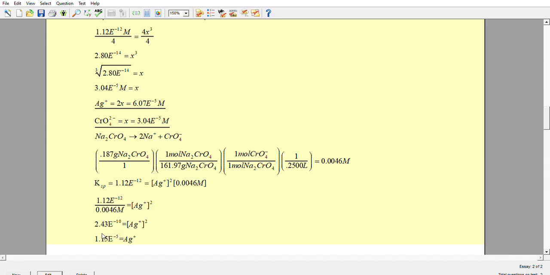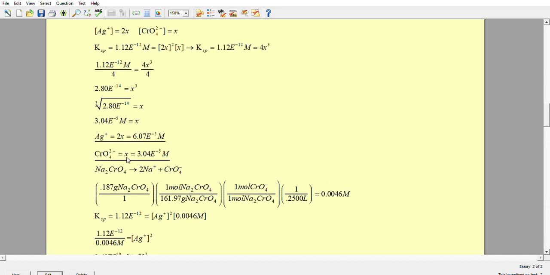That is called the common ion effect. The addition of a strong electrolyte in which a common ion is shared between the two compounds, one being a sparingly soluble salt and one being a strong electrolyte. And when I say a strong electrolyte, I just mean that when that compound is added to water, all of it goes to ions because it doesn't have very strong attractive forces for a number of reasons.